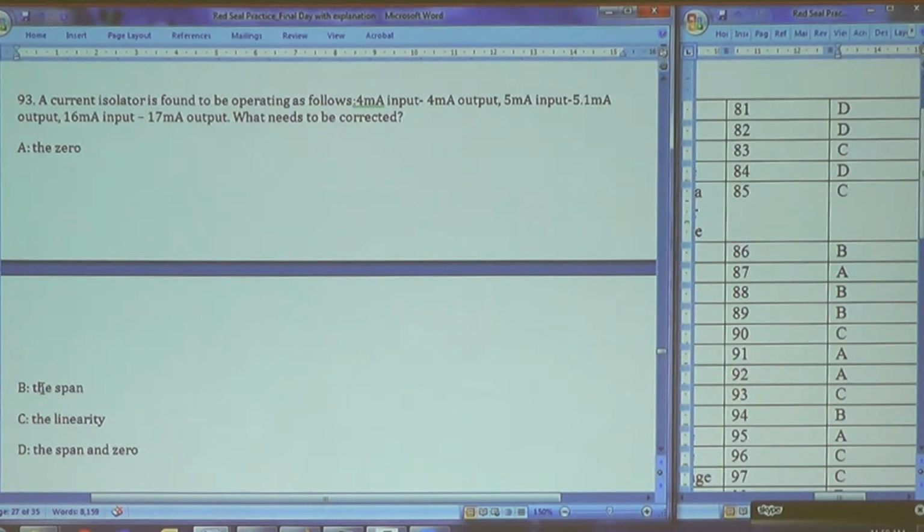Linearity is not correct. Jaideep, you said linearity? Yeah, this last one, I say the span, 16 milliamps to 17. So span and zero. That's what I want.